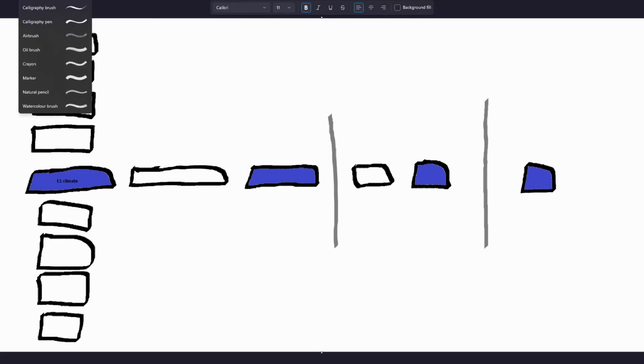And by doing this, I'm going to say this is an impact, and this is an impact. And this is an impact, and this is an impact. The red impacts are negative, and the green impacts are positive.